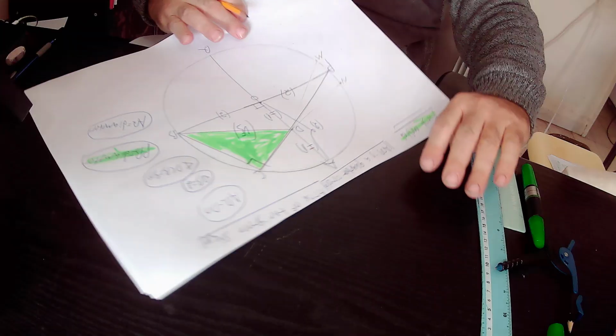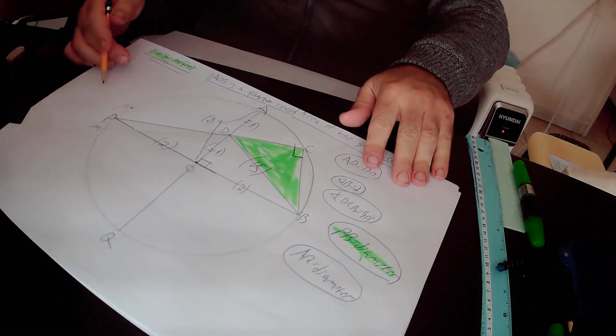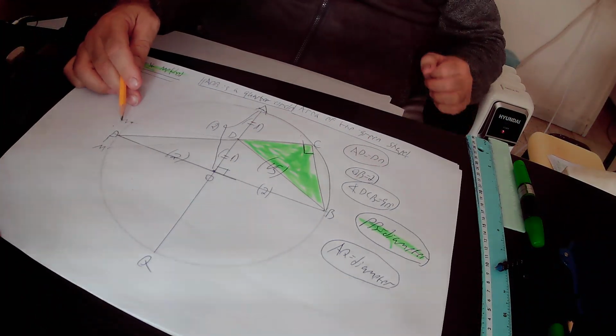So the extended side CD touches the circle at point P.